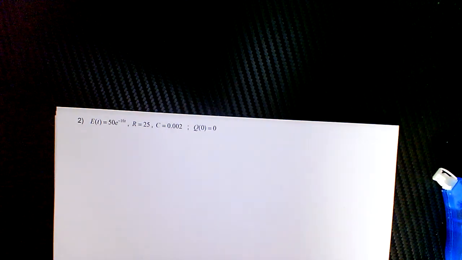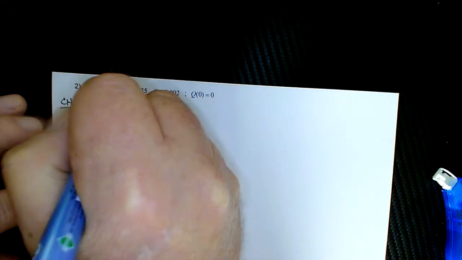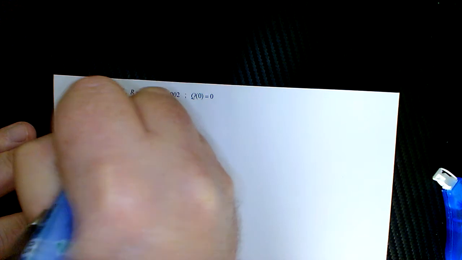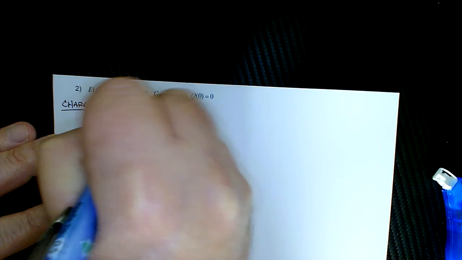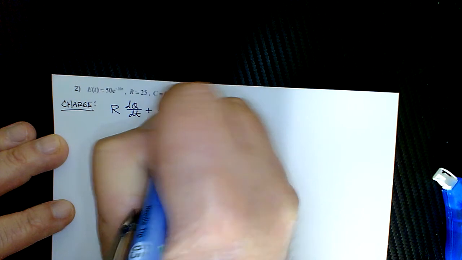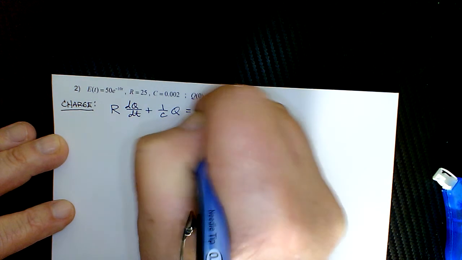So we're going to start the same way. For the charge, we want the charge and the current again. And so for the charge, we're going to start with the equation R dq dt plus 1 over c times q equals e of t.